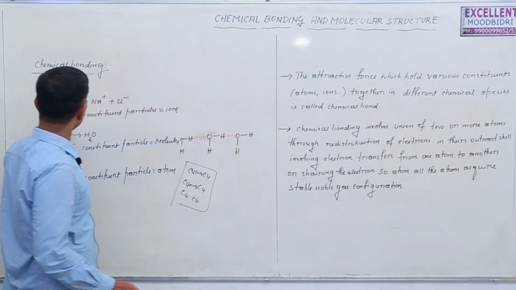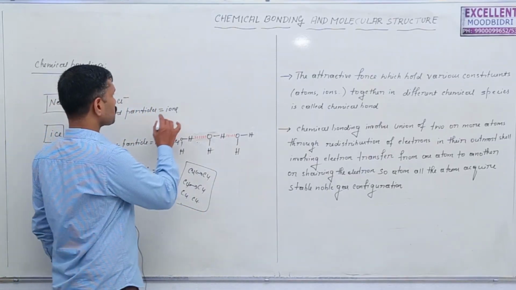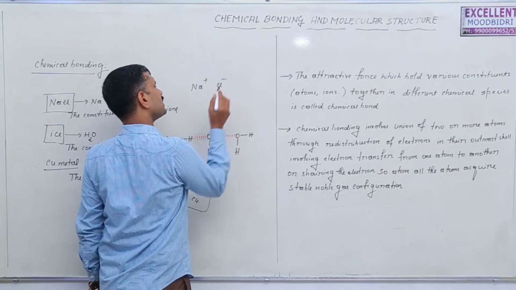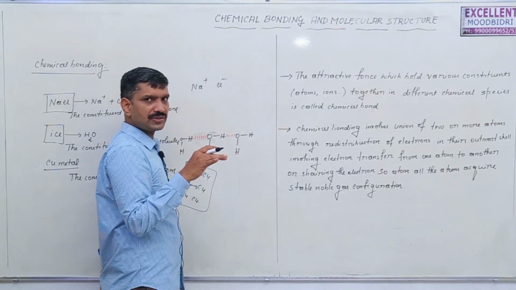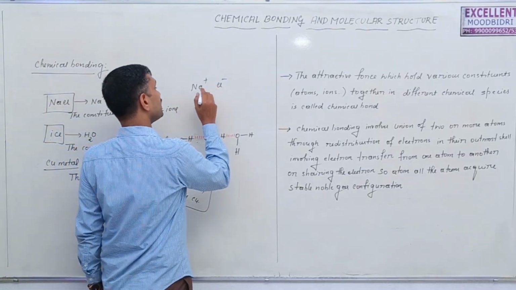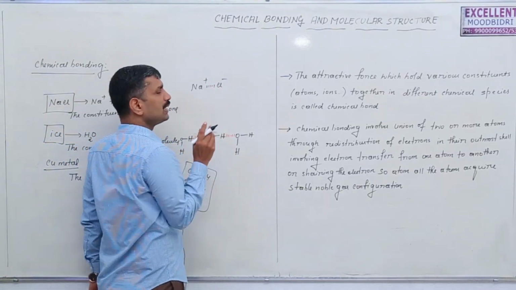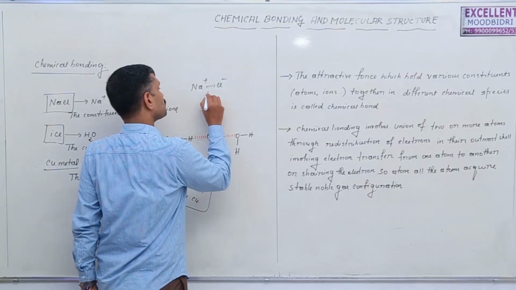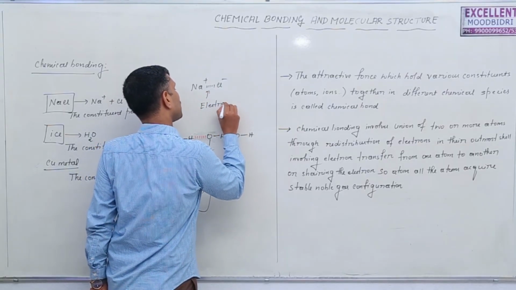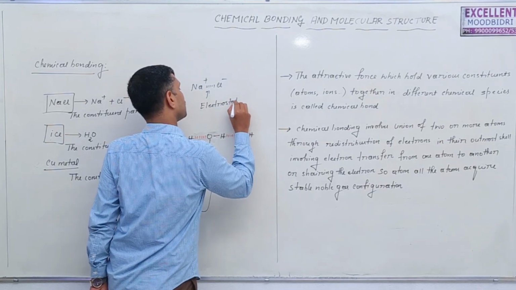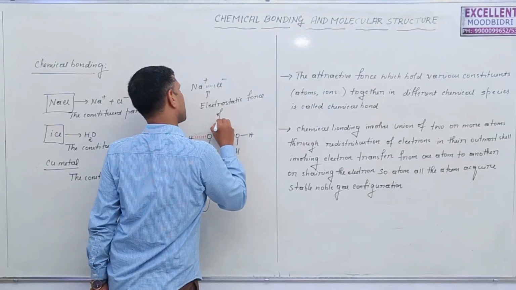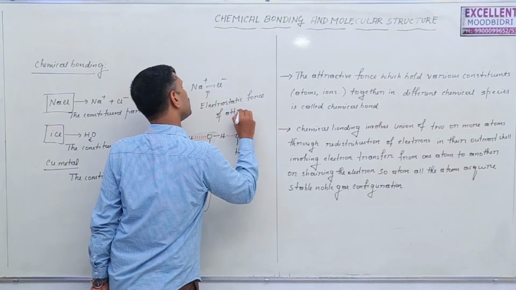If you go for sodium chloride, the constituent particles are Na plus and Cl minus. A large number of Na plus and Cl minus exist in the crystals of NaCl. These are held together by an electrostatic force of attraction, or ionic bond.